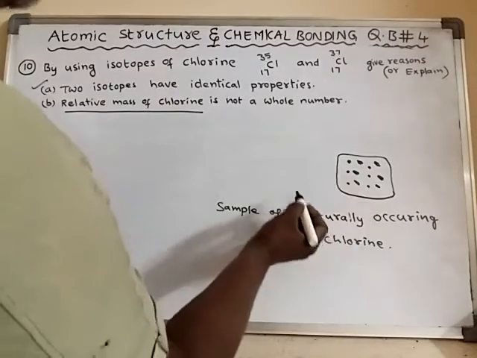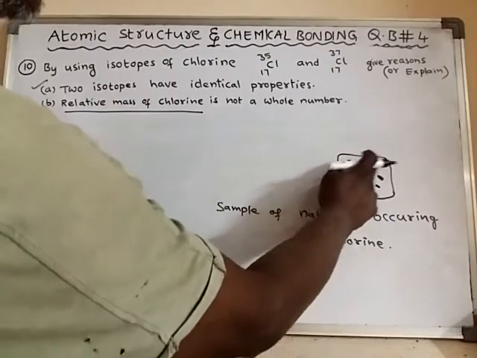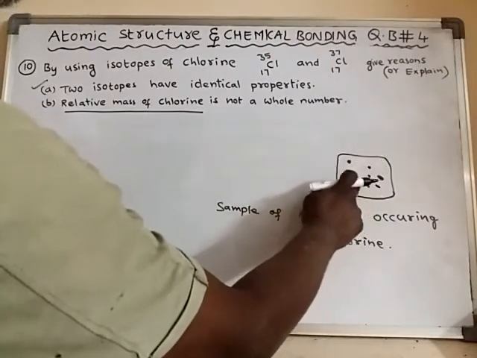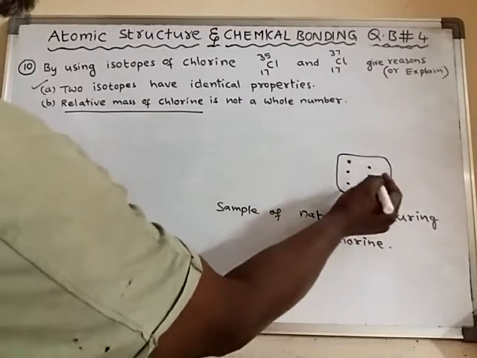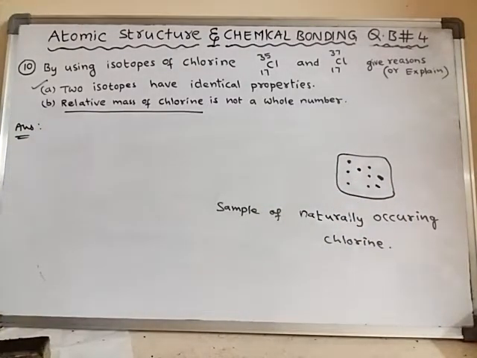See these two different types of atoms, how are they present? They are present in a particular ratio.